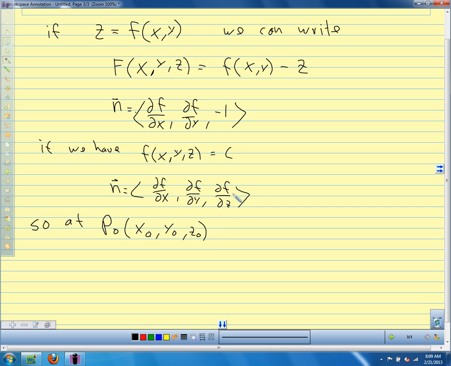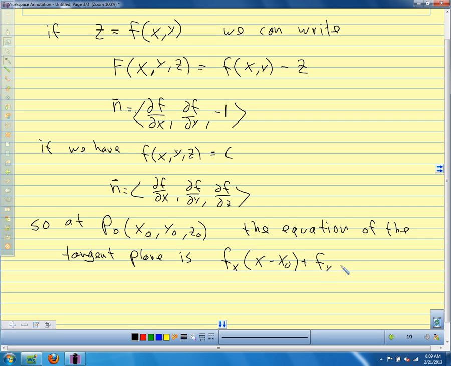So the equation of our tangent plane is, I'm going to write it this way, f sub x times x minus x0, plus f sub y times y minus y0, plus f sub z times z minus z0, equals 0.